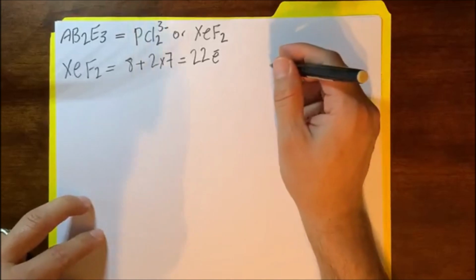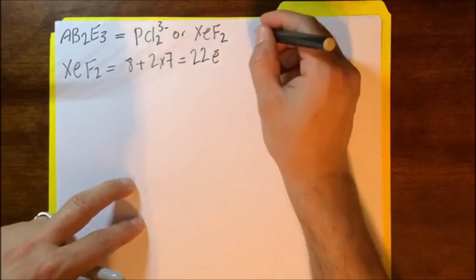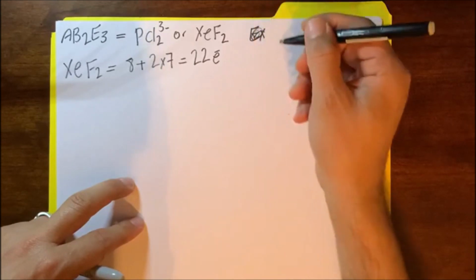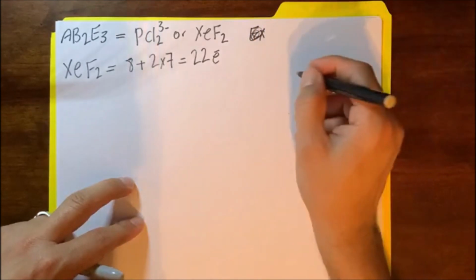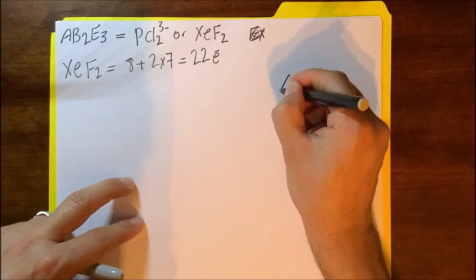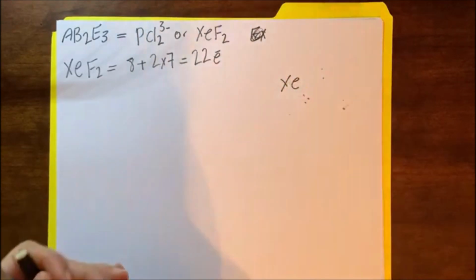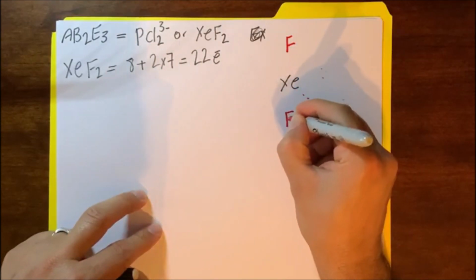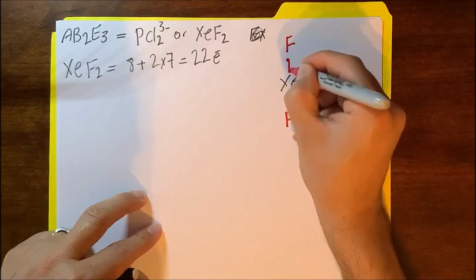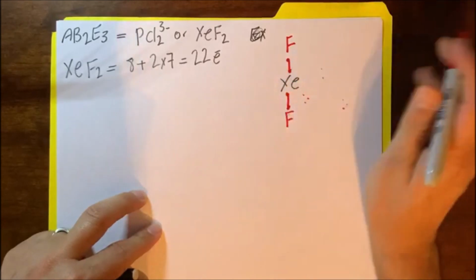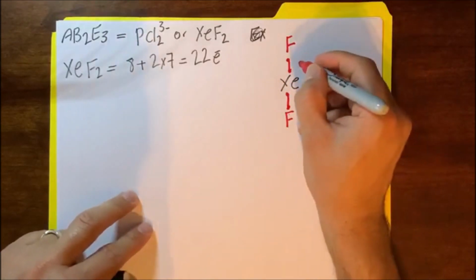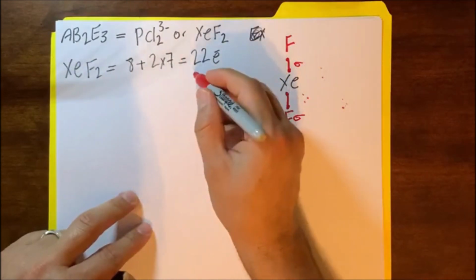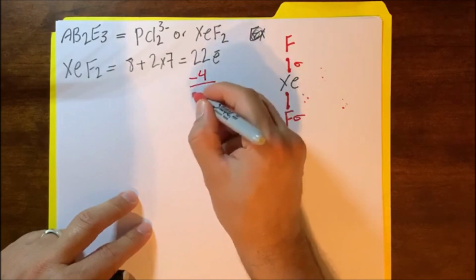Okay. Xenon is the central atom because it has lower electronegativity, so I put xenon here. I have only 2 fluorines, 1, 2. I will use 2 electrons for each bond to make 2 sigma bonds. Okay. So minus 4, we're left with 18.